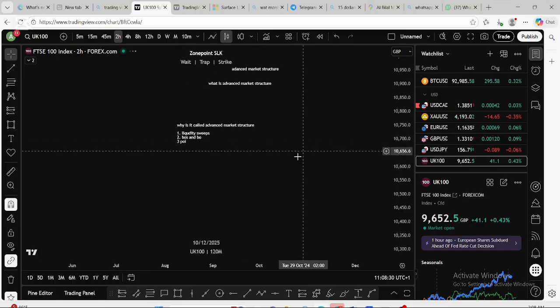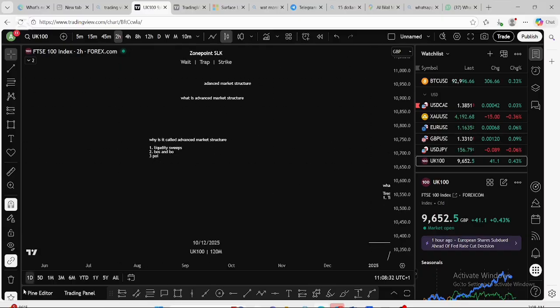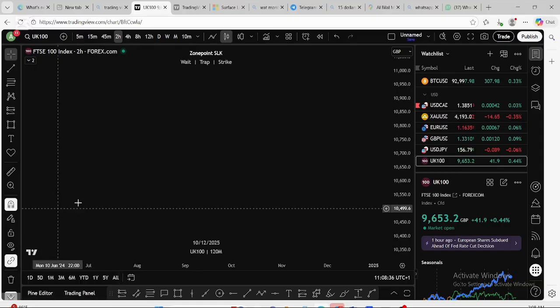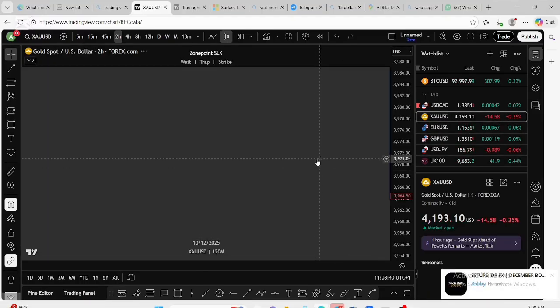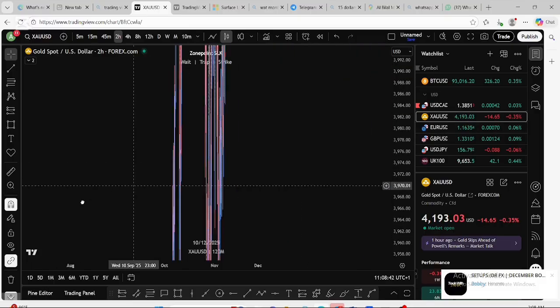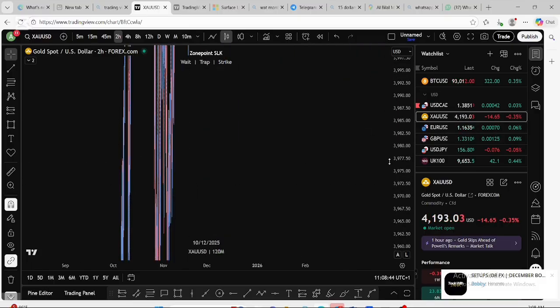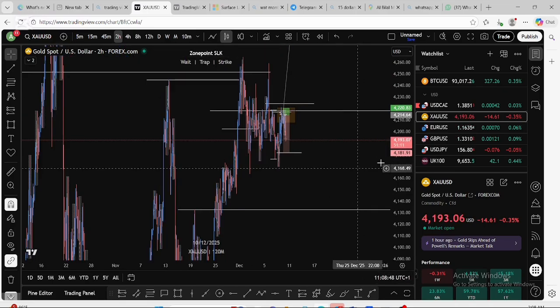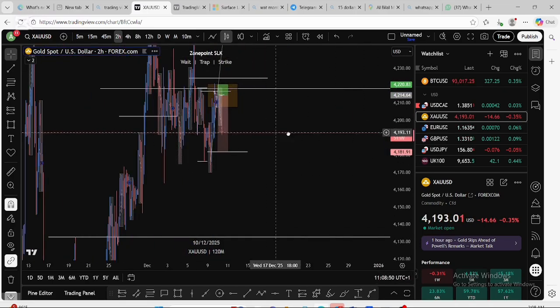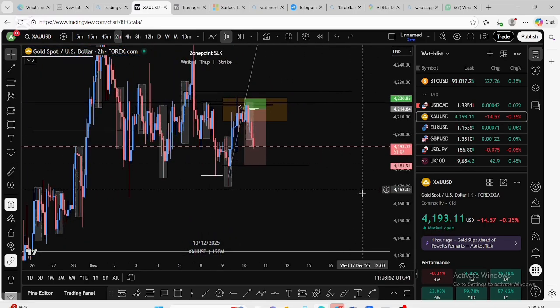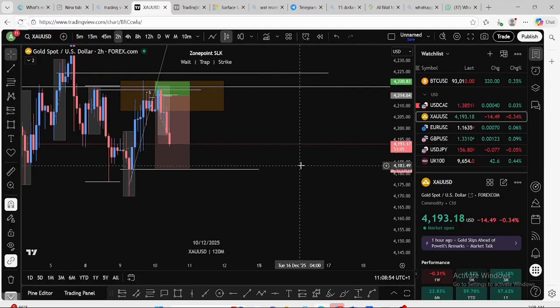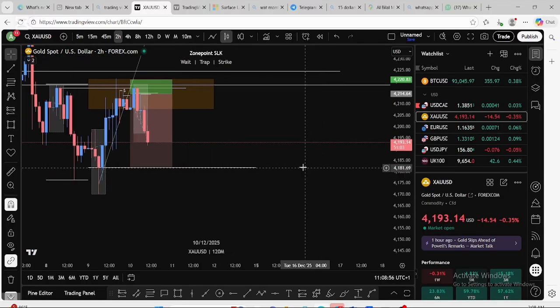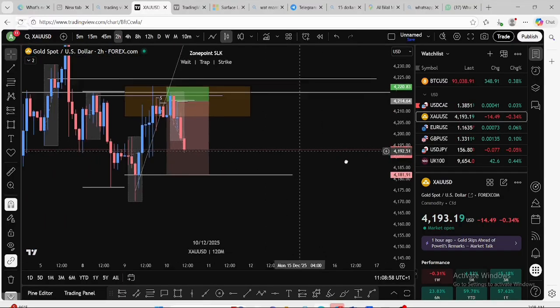Since we have already talked about market structure and the rest, let's do a little analysis as a takeaway for this class. Let's start on this particular gold trade I took. If you are a newbie, you may not understand this, but don't panic, just stay patiently and watch, because you are still going to get there.